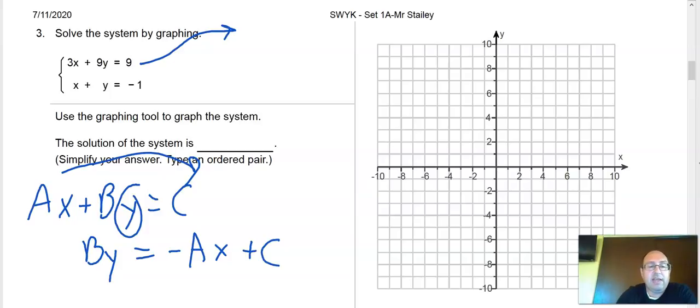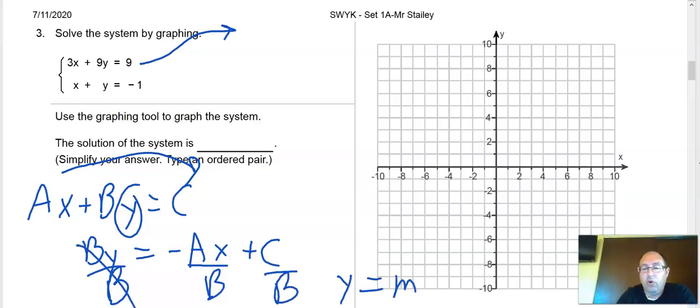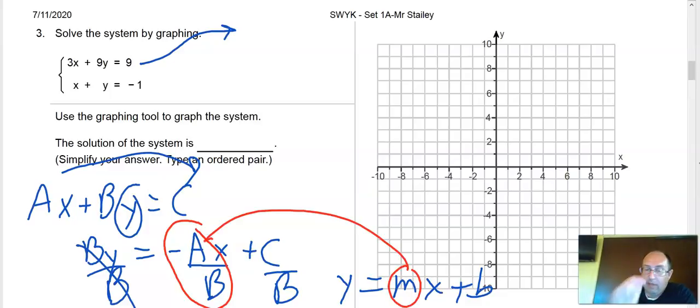So I subtracted the ax term to the other side, and then I divide by b. Well, what I'm hoping that you see, just from your days in Algebra 1, remember y equals mx plus b, I'm hoping that you see that right there is your slope. That's your slope. So the idea here is that you could easily see what the slopes are.